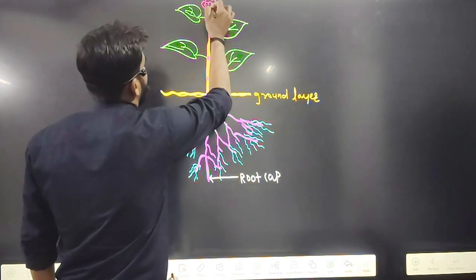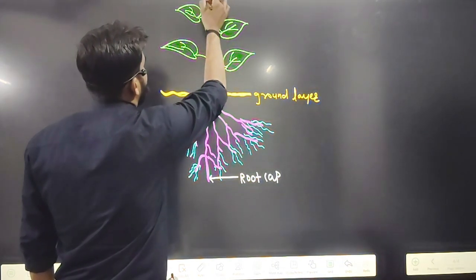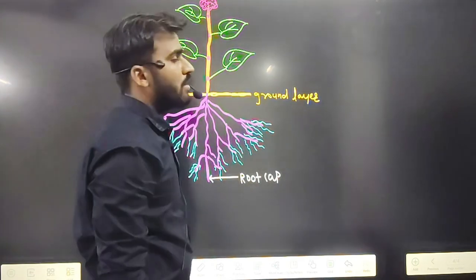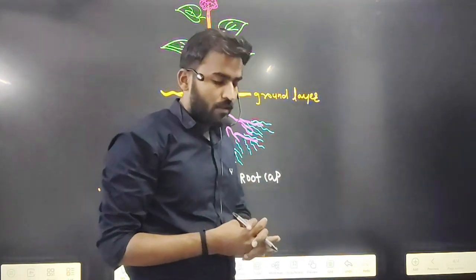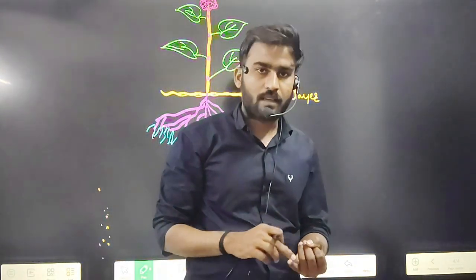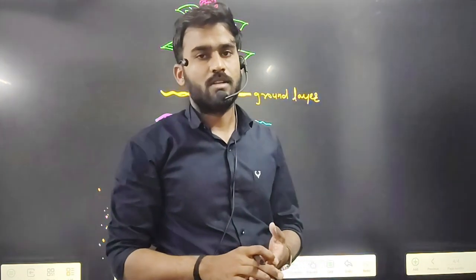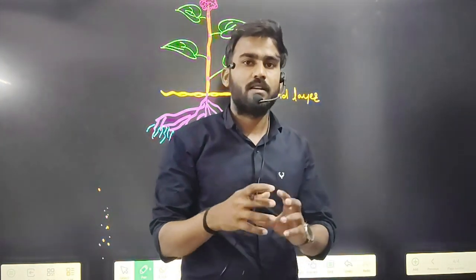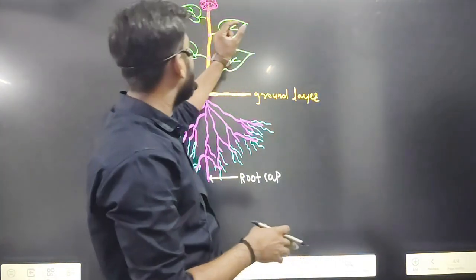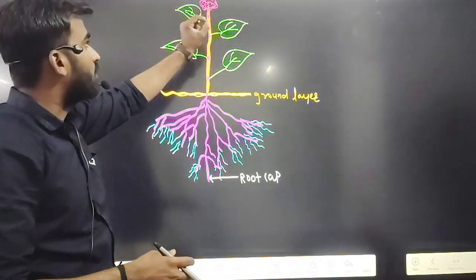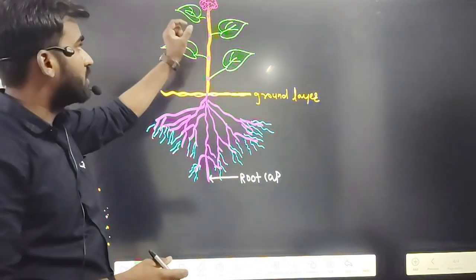It can form the flower after maturation. Flower has a number of parts like calyx, corolla, androecium, gynoecium. Formation of these different parts requires different types of nodes.